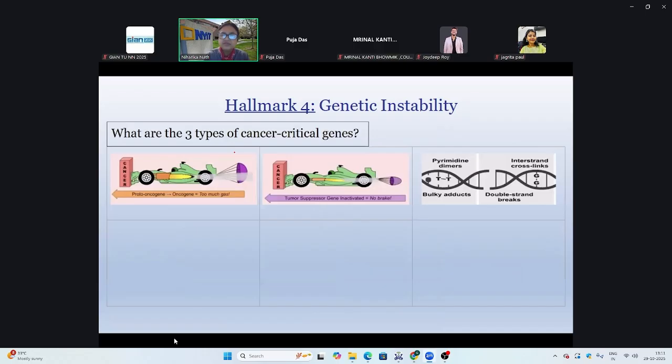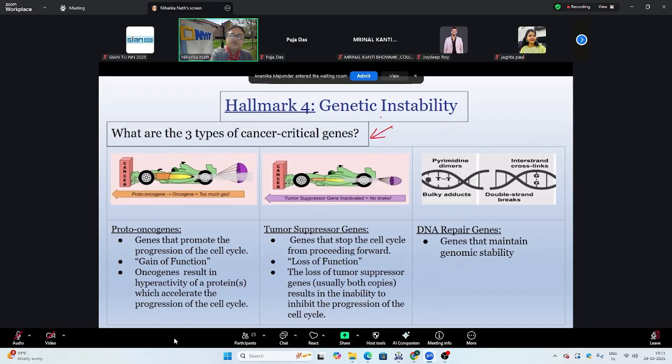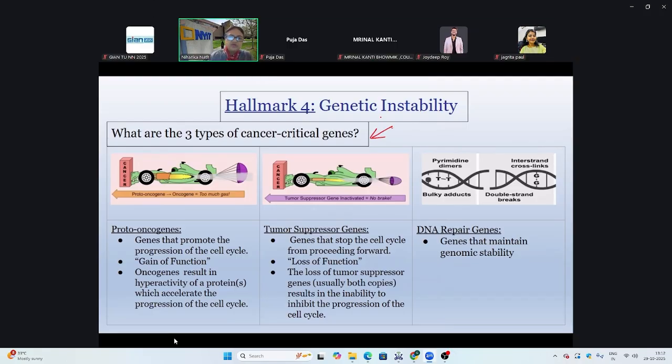So genetic instability. I said the words proto-oncogenes and tumor suppressors, and these are very critical types of cancer genes. The very critical types of cancer genes are proto-oncogenes, tumor suppressor genes, and DNA repair genes. So let's just talk about the proto-oncogenes. We call it proto because it's just before it can become an oncogene, or can lead to one.